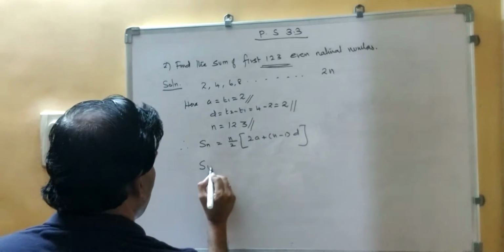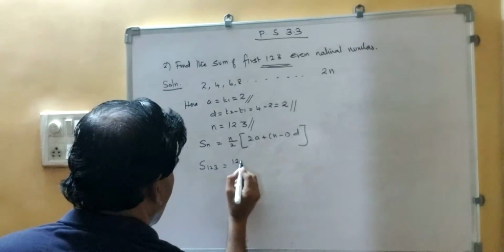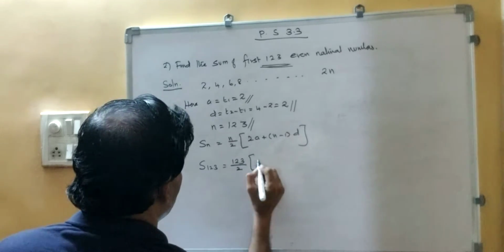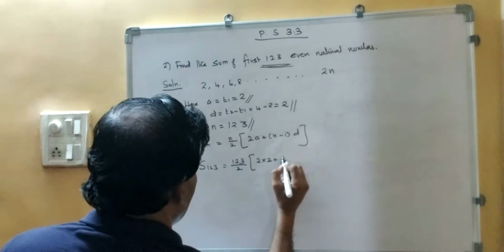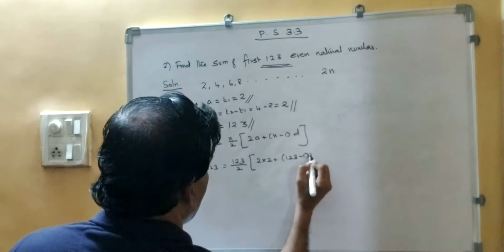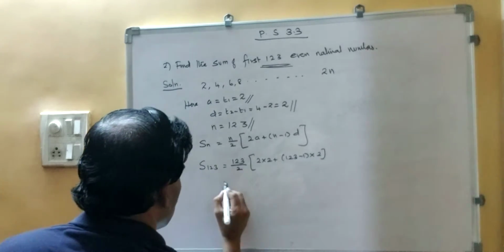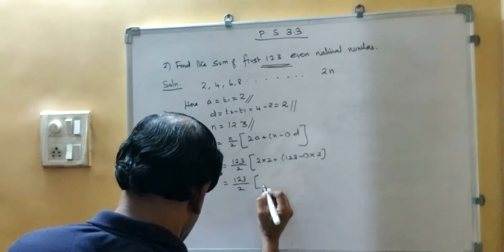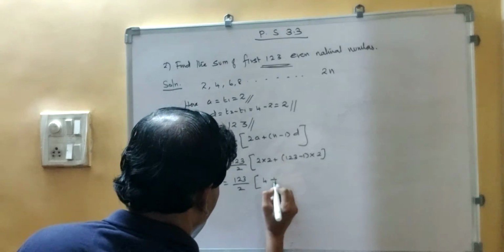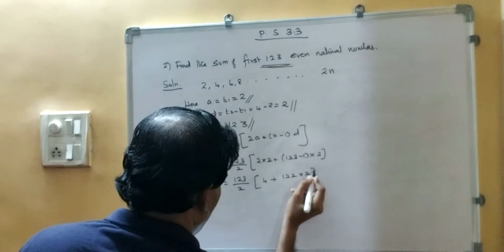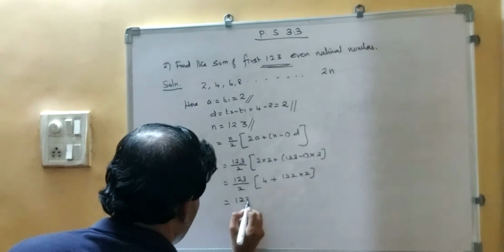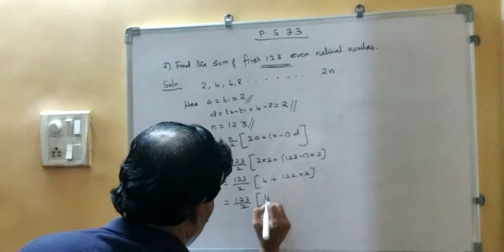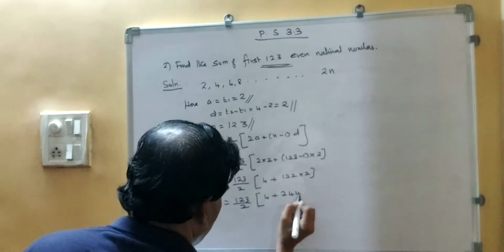So S123 equal to 123 upon 2 into 2 into 2 plus 123 minus 1 into d. So 123 upon 2 into 4 plus 122 into 2. So 123 upon 2 into 4 plus 244.